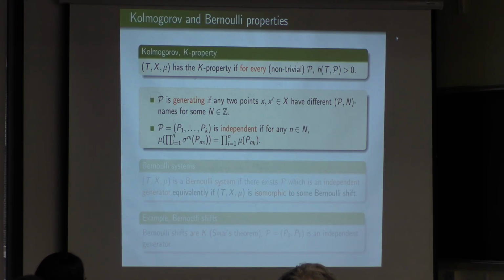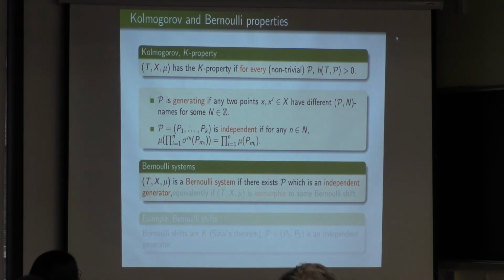So independence means the measure of the product is the product of measures. Okay, and T is a Bernoulli system, so not a shift but a system now. I think Ornstein used this terminology, so I will continue to use it, if there exists an independent generator.